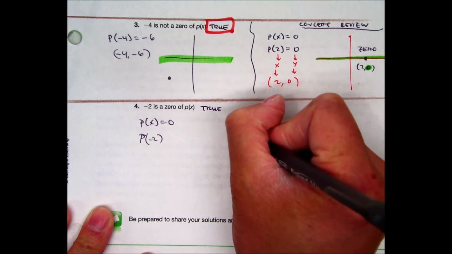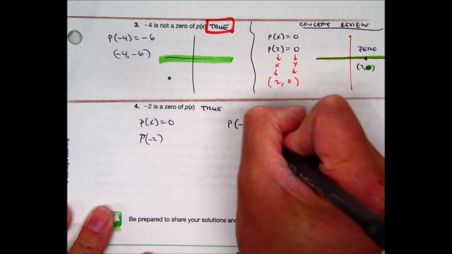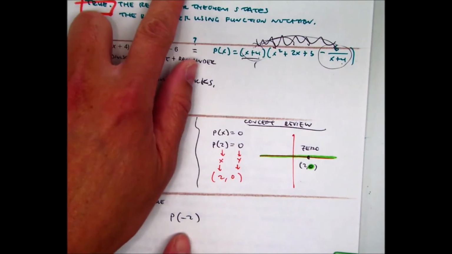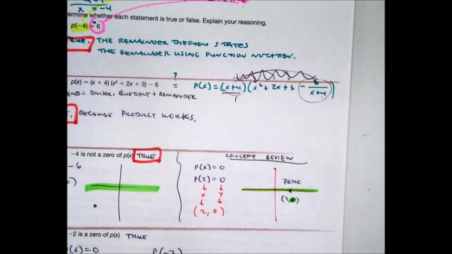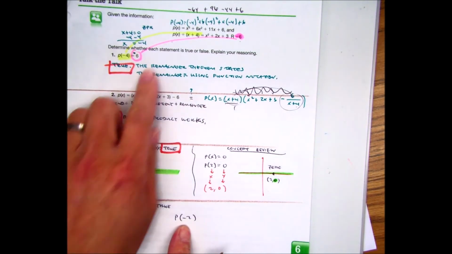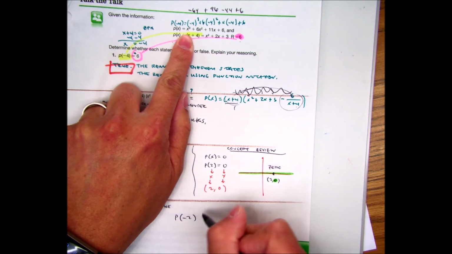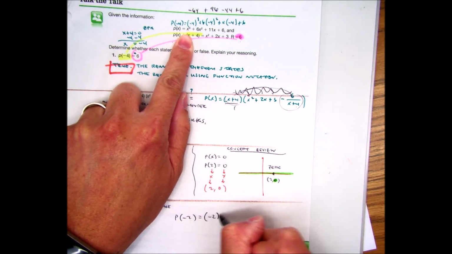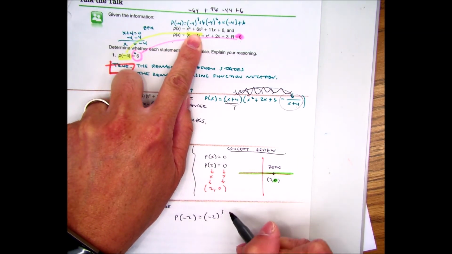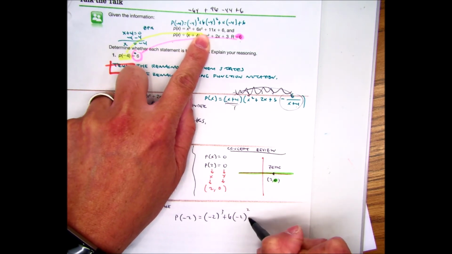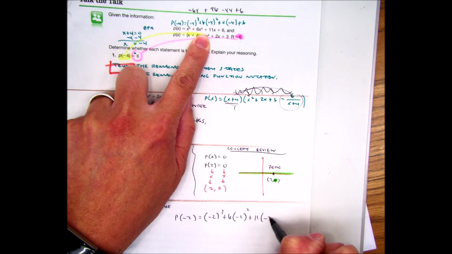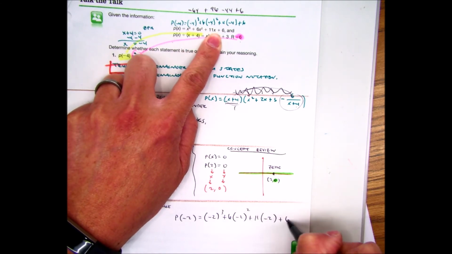Well, let's just substitute it in. Every x value from the original function P of x, we're putting in a negative 2. Negative 2 cubed, plus 6 times negative 2 squared, plus 11 times negative 2 plus 6.